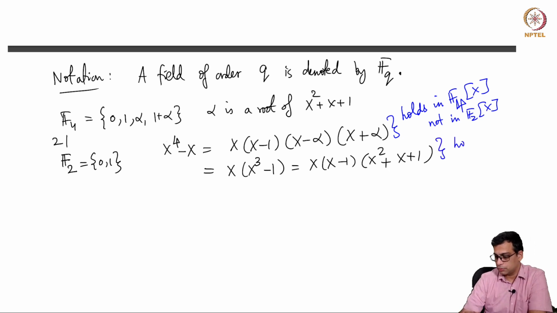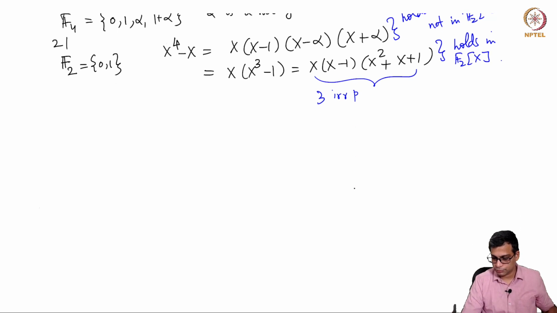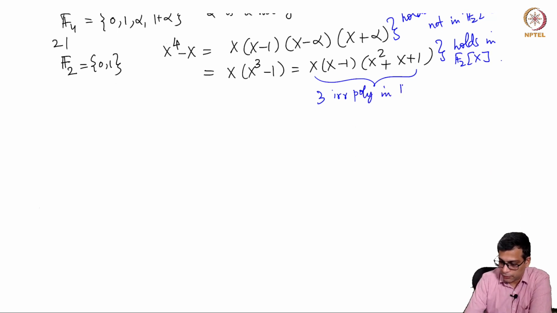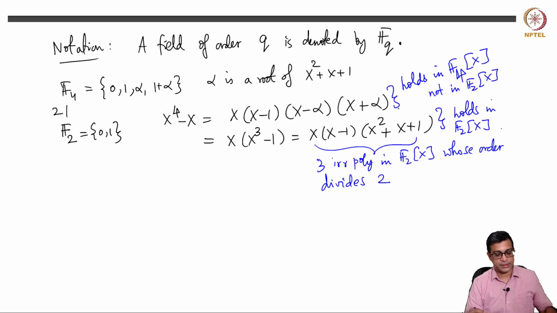This holds in F2[x]. And the point is, these are the three irreducible polynomials in F2[x] whose order divides 2. That is the last sentence.